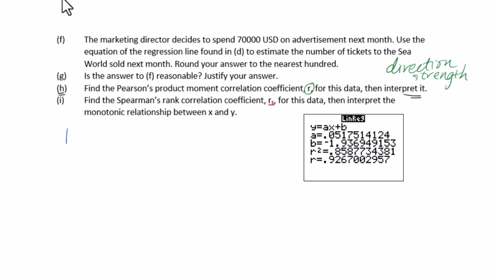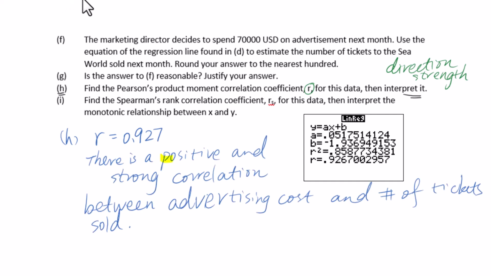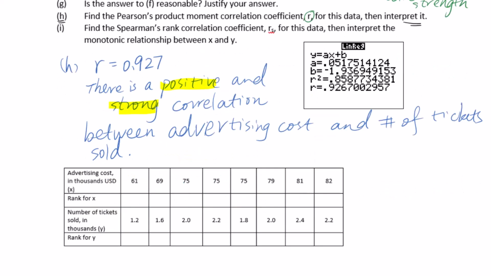We already got from the calculator r equals 0.927. There is a positive and strong correlation between advertising cost and the number of tickets sold.